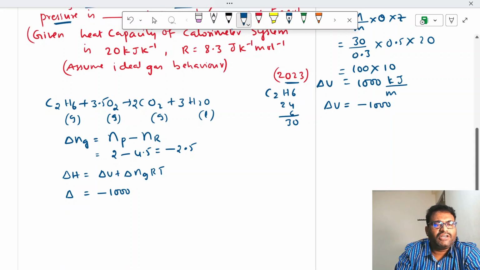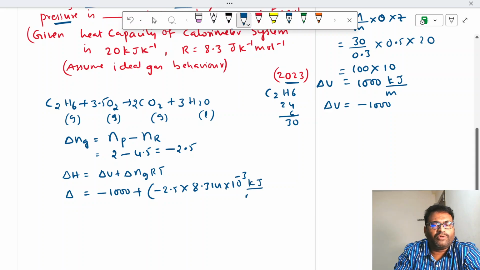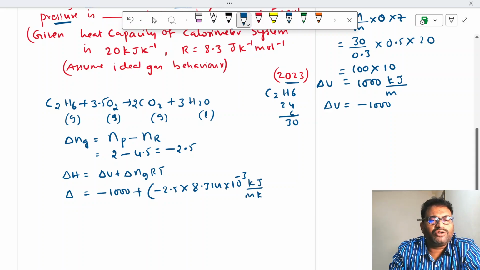Because it is exothermic, heat energy is released. Plus delta Ng, which is minus 2.5, into 8.314 into 10 power minus 3 kilojoule per mole per Kelvin. Why did we take kilojoule? Because this 1000 is kilojoule per mole, so we are mentioning it in kilojoule.